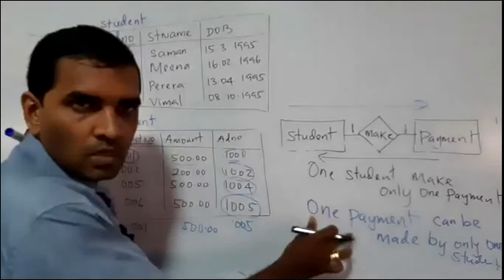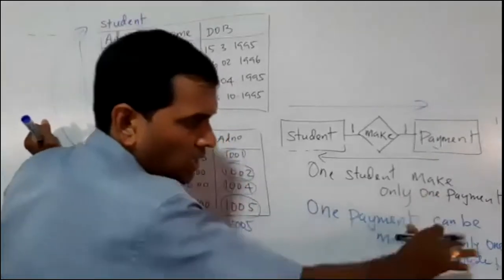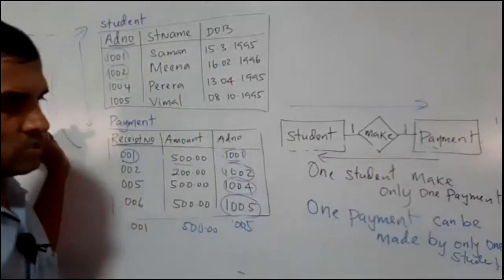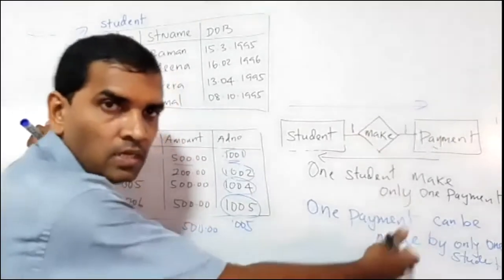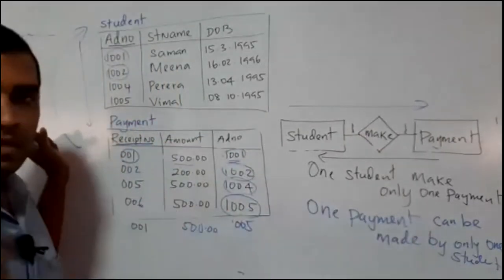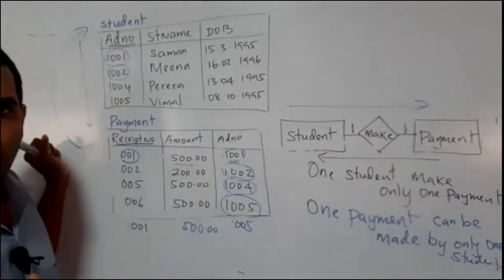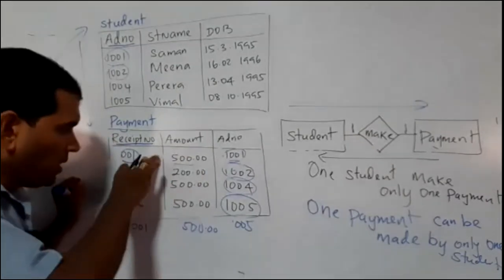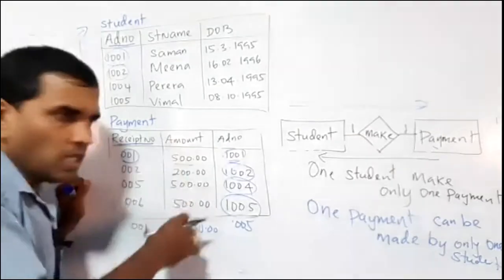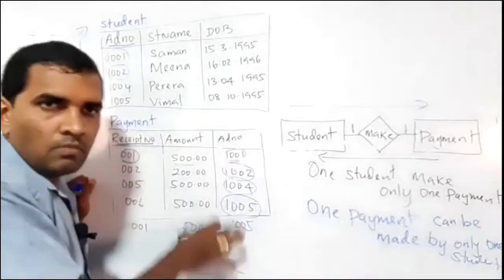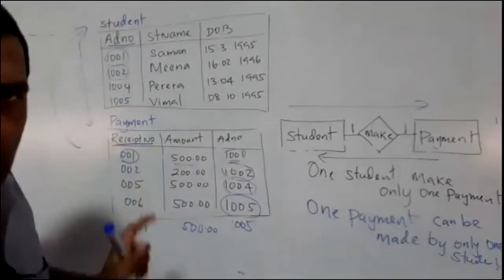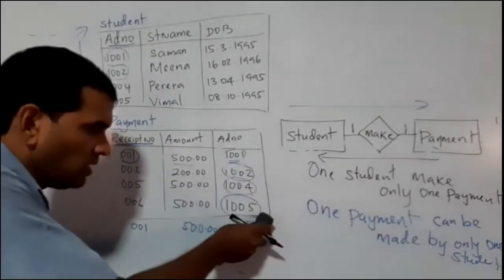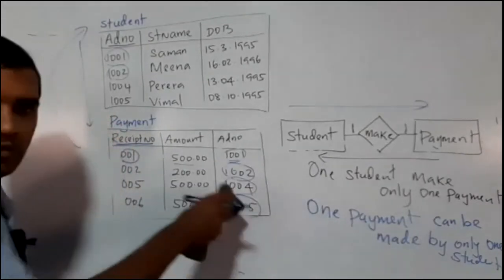This is the one. One payment can be made by only one student. But here, if it happens by two students, if it is possible, one payment is made by two students. But you know, this is impossible. That's why such a record cannot be found.